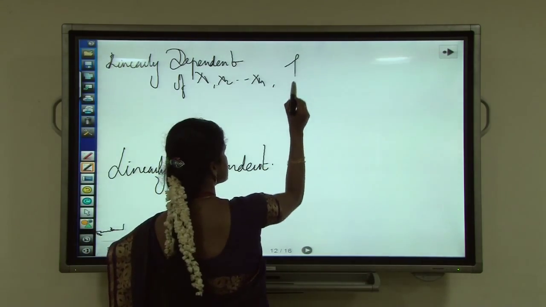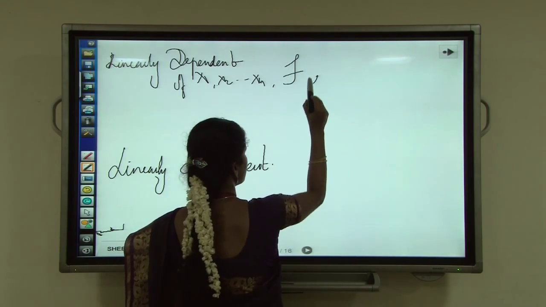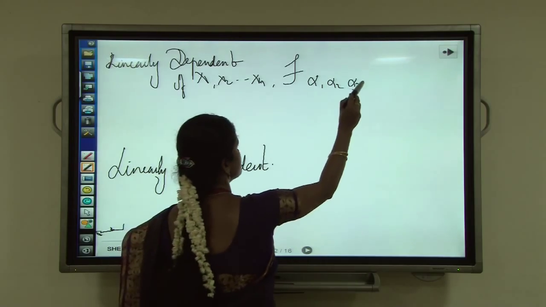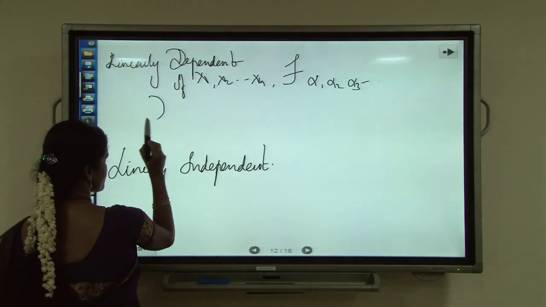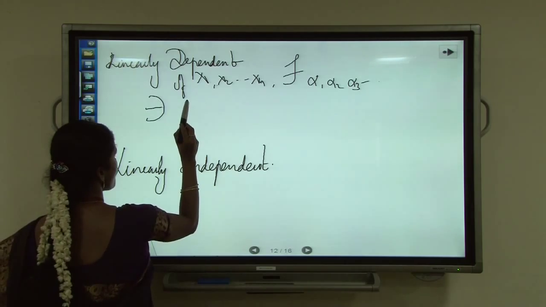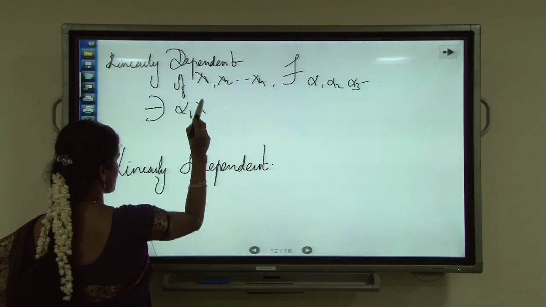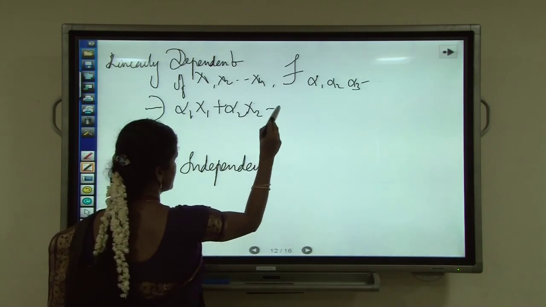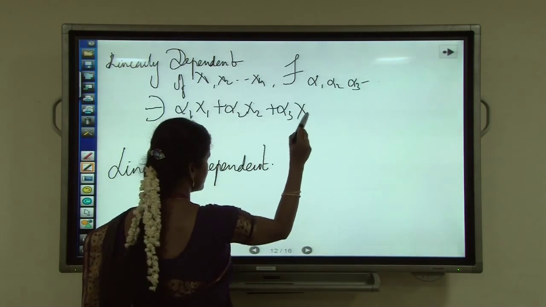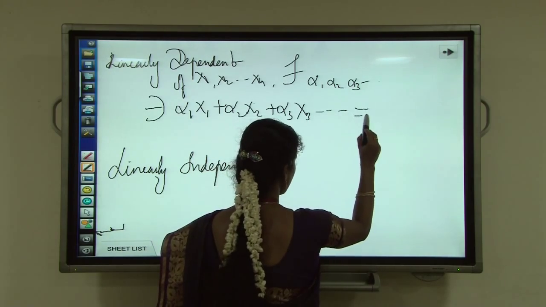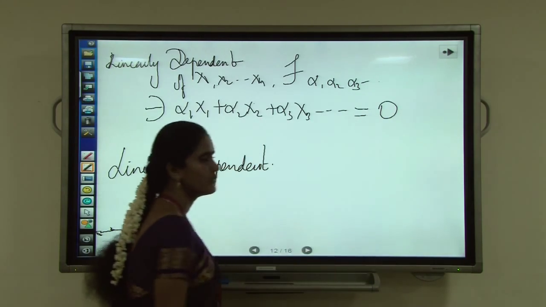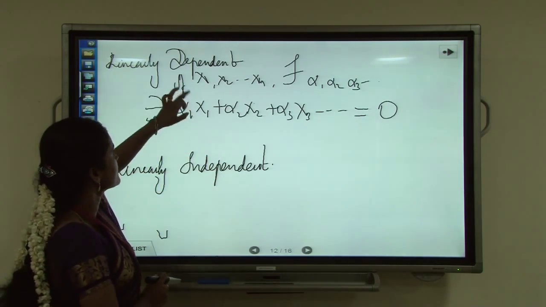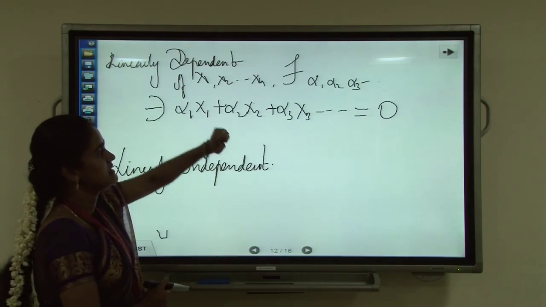Then there exist scalars, say alpha 1, alpha 2, alpha 3, etc., such that the linear combination, alpha 1 x1 plus alpha 2 x2 plus alpha 3 x3, and so on, is equal to 0. In that case, we can say the vectors are linearly dependent.